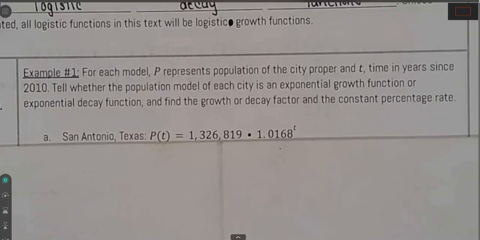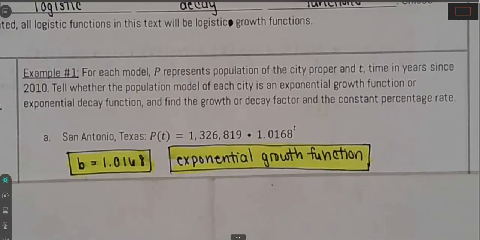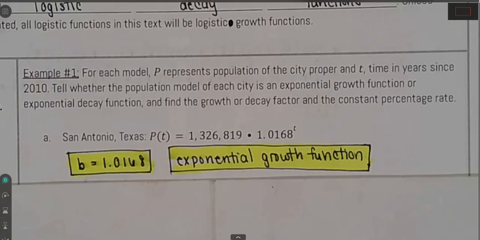Well done. All right, everyone got it? Awesome job. Okay, the growth or decay factor, in this case the growth factor, that is B. Can you guys, using the first formula that we learned at the top of your notes, identify B in this equation? Good job. So B is 1.0168, and it is an exponential growth function.